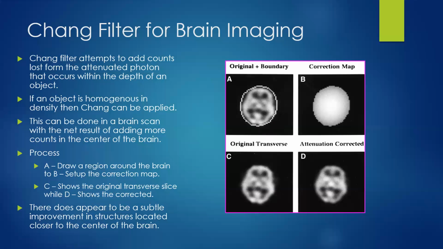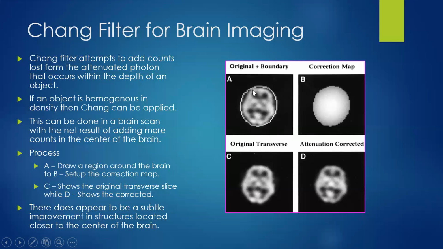So there tends to be a loss of resolution based on that. So in a brain scan, by applying the Chang filter, we can equalize that effect, where Chang will add counts, especially those coming from deep within the brain tissue.